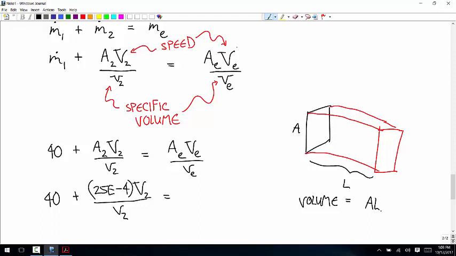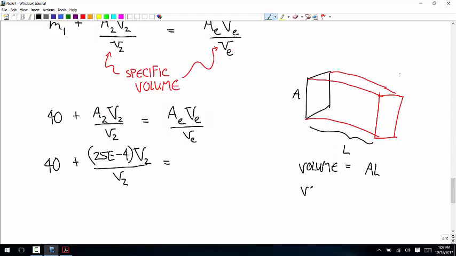And so if we're trying to get the rate of change of volume, that would be equal to A dot times L plus A times L dot, but A doesn't change, right? And so all we're left with is A times L dot. And this L dot, the change in length, is how quickly material is coming through that opening.